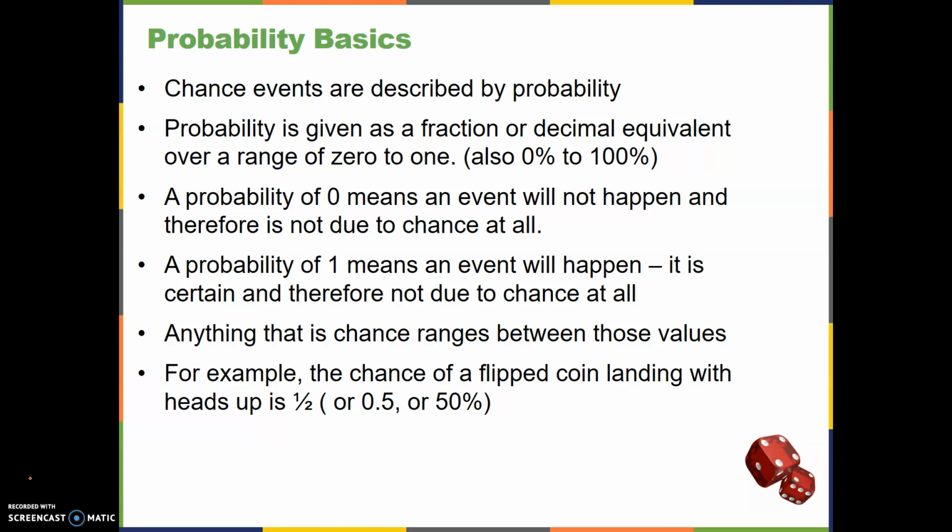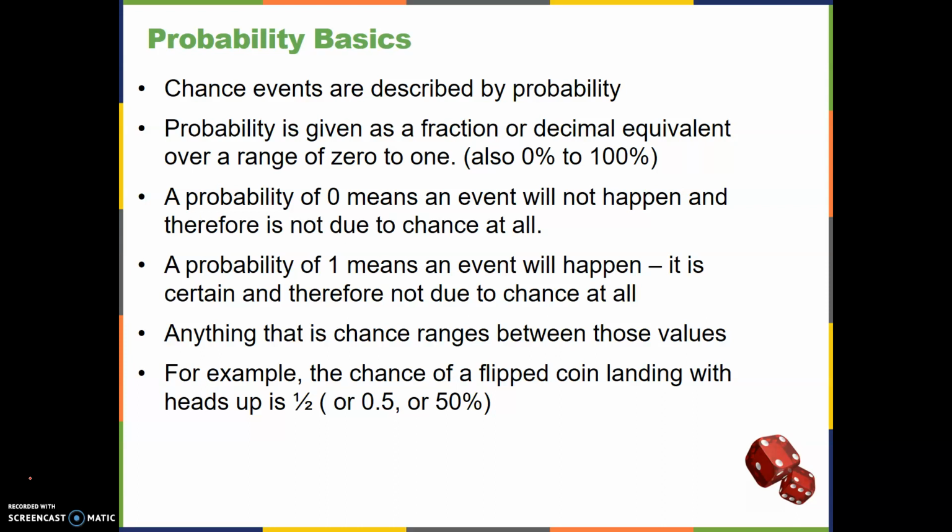Punnett square problems are not the only way to solve genetics type problems. So let's talk about probability in mathematical terms. Probability is given as a fraction or decimal equivalent, or it can also be a percent.